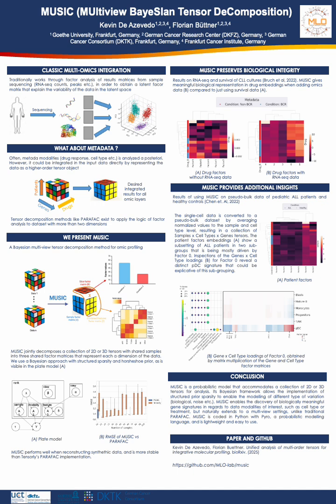We coded MUSIC with a Bayesian framework, which allows us to introduce structured sparsity priors, as can be seen in the plate model. That plate model shows that your inferred tensor, here denoted as Y, has as priors the 3 normally distributed matrices on which we impose horseshoe priors for regularization. And this allows us to model different aspects of variability of the data.